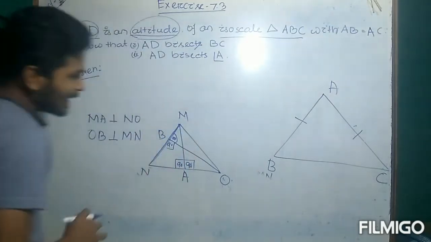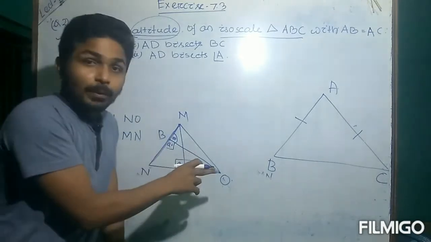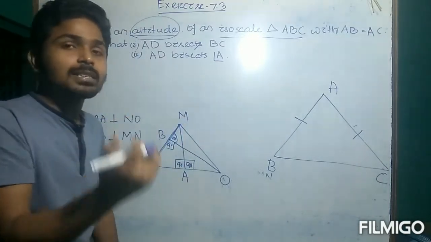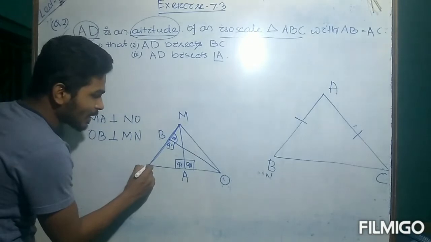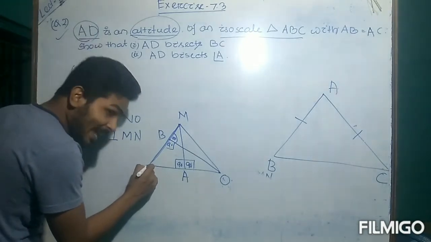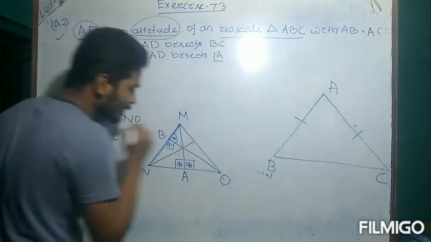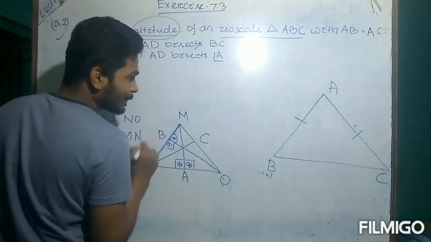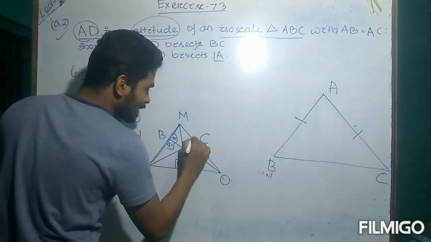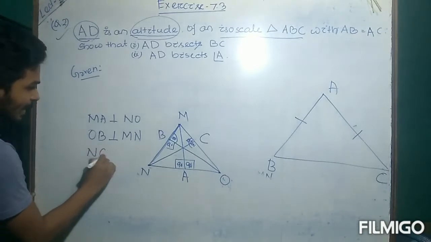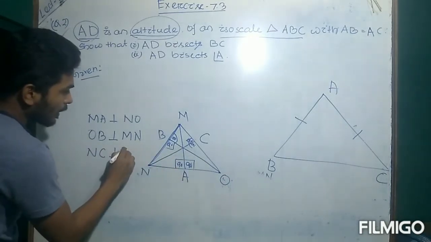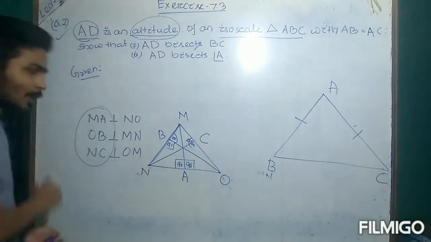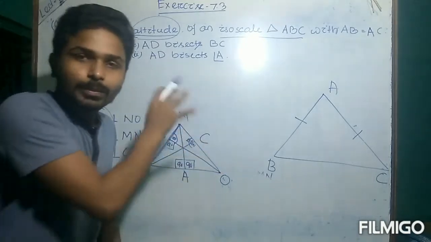Next, if someone wants to draw a perpendicular line on this side, MO or OM, then from which vertex would he or she start drawing? We start from the opposite vertex, that means the vertex N. So this is NC, and NC is perpendicular on OM. This is 90 degrees. You can write NC is perpendicular on OM or MO. So here we have found three perpendicular lines on the three sides of the triangle.